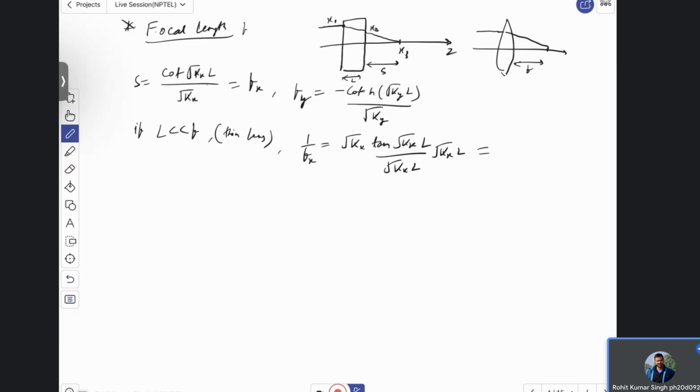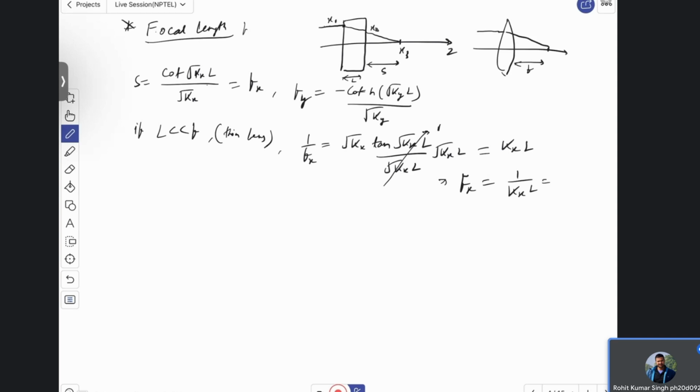Using L'Hospital's rule, we know that this goes to 1, because L is very small, so tan theta is theta, and theta by theta equals 1, and so we get kx, and hence fx is simply 1 by kxL.